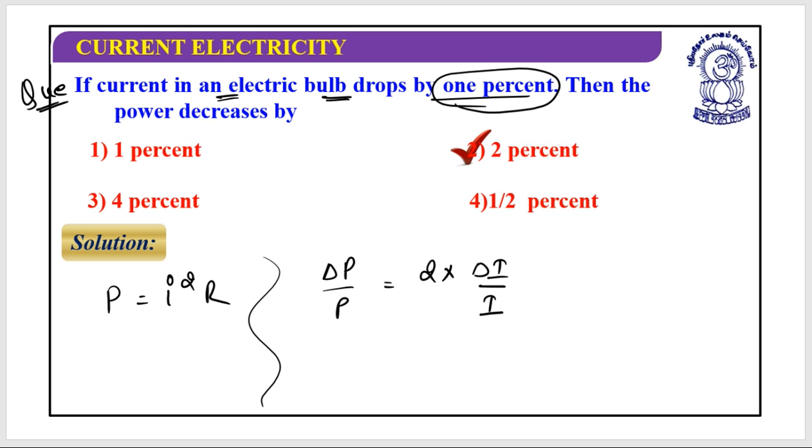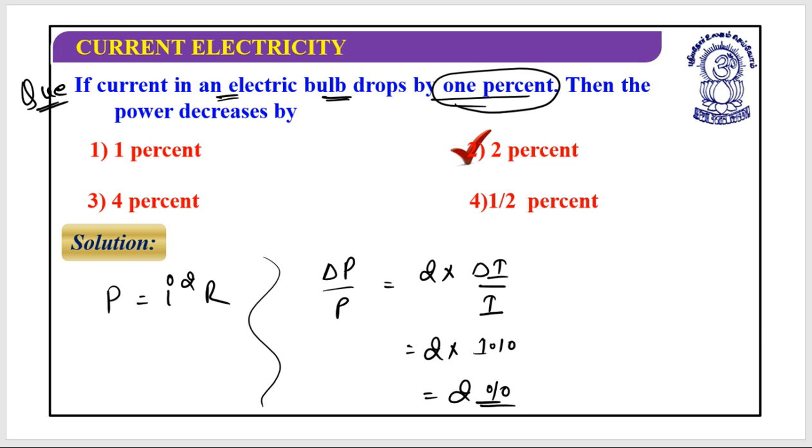When the change is less than 5%, you can use the relations provided for errors. So this could be written as 2 into 1%, and this would be 2%.